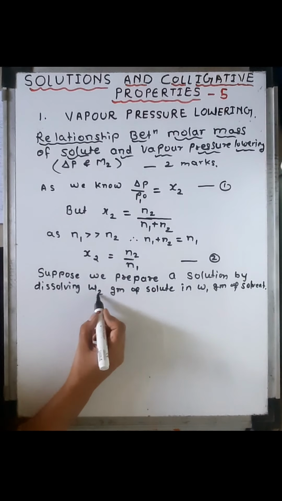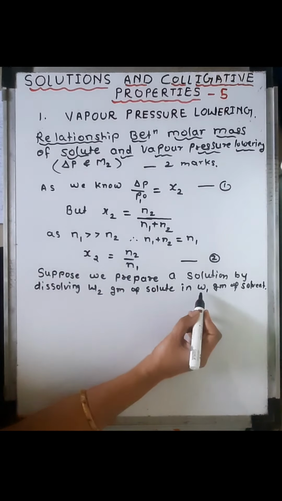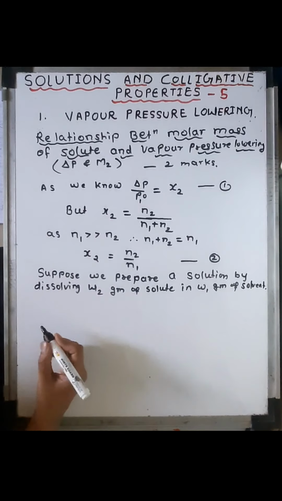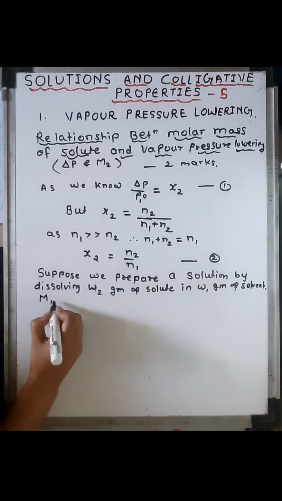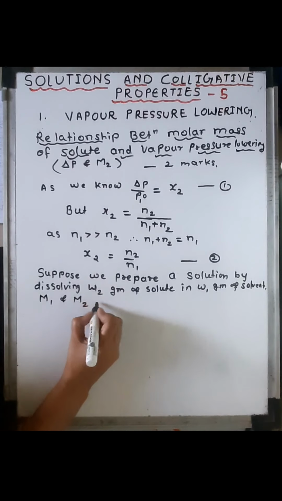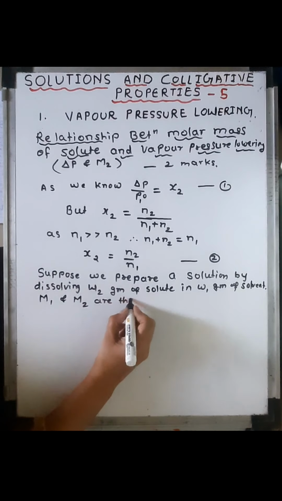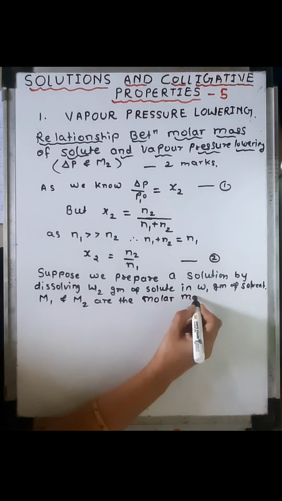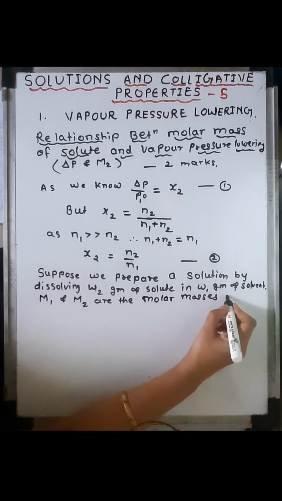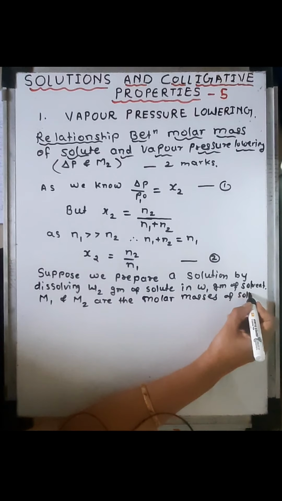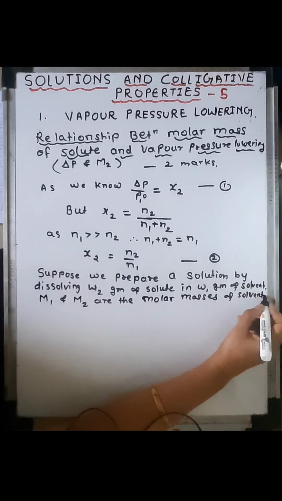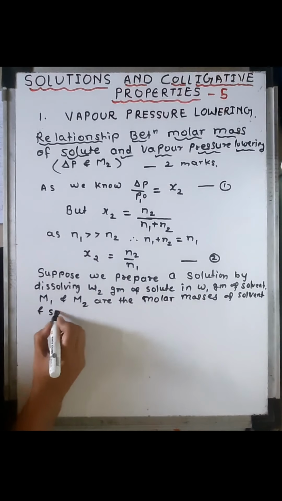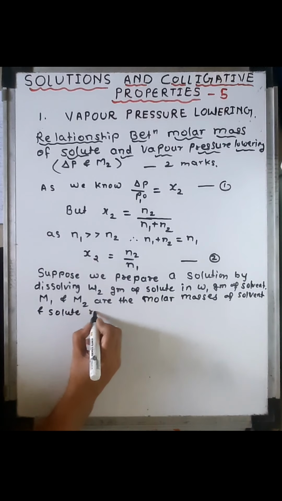The weight of solute is W2 gram and the weight of solvent is W1 gram, and M1 and M2 are the molar masses of solvent and solute respectively.